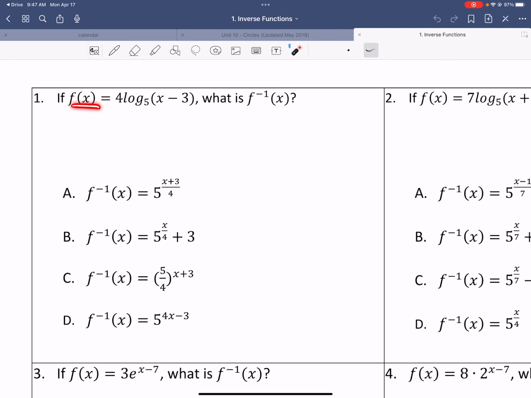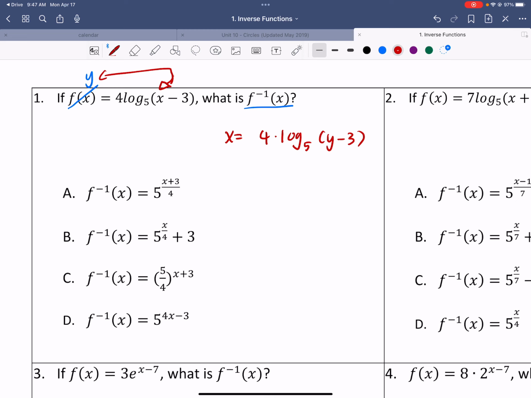It says f of x is equal to this one, and what is the inverse of this? So whenever you see the inverse sign, or whenever you see the word inverse other than varies inversely, what you first do is switch x and y. So you remember you've got to switch x and y here. So it's going to be x equals 4 times log base 5 of y minus 3.